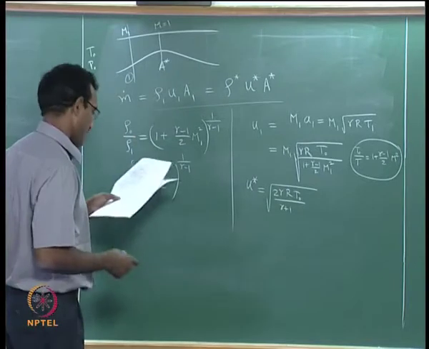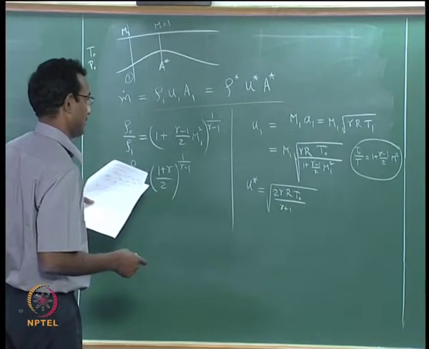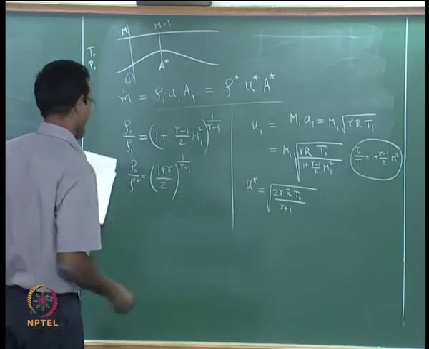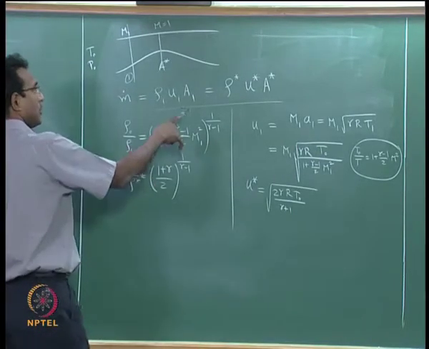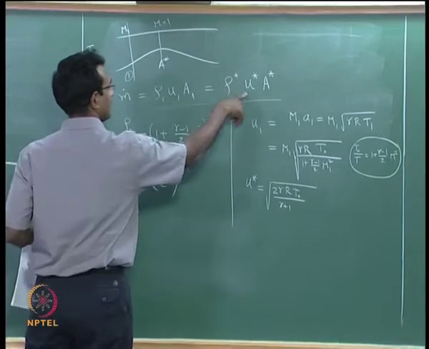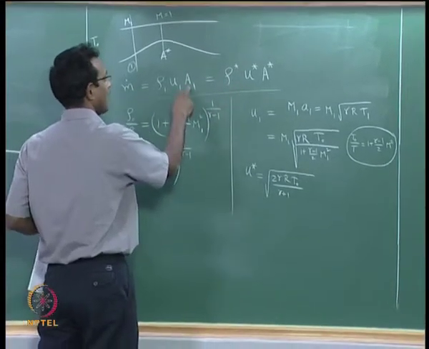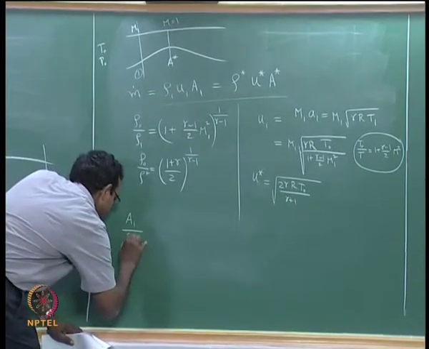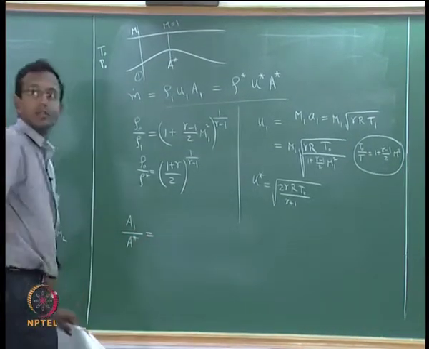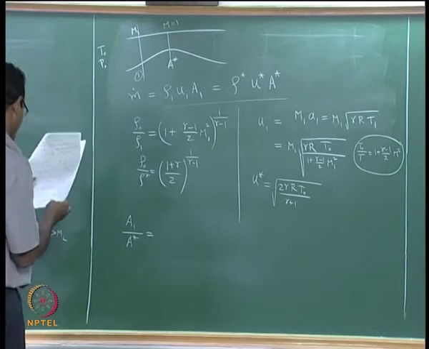Now we want to simplify it much further. I will substitute the ratios of these such that I will get A1 by A star. A1 by A star I want to substitute.